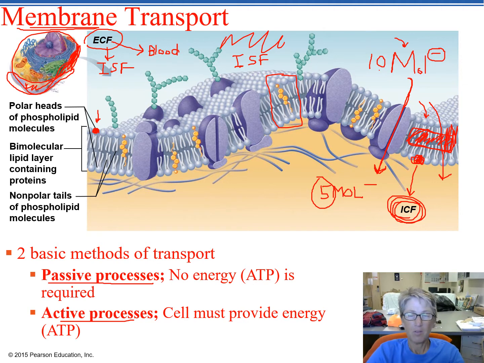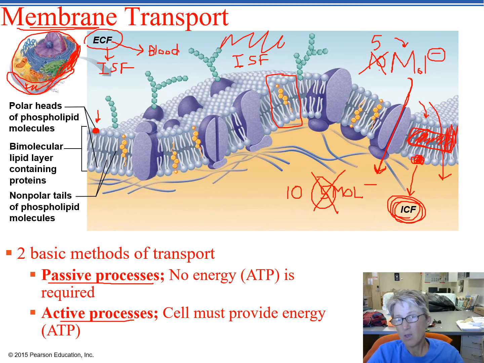Now, we can use the same example, only if this is an active process, there are 10 big negative molecules on the inside and 5 big negative molecules on the outside, and you want to go from 5 to 10.